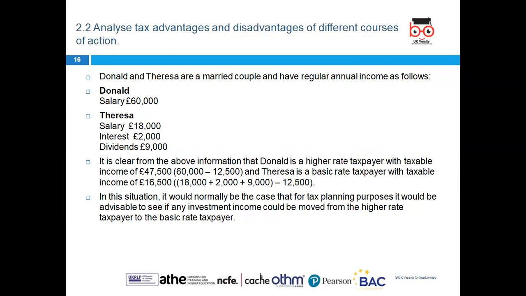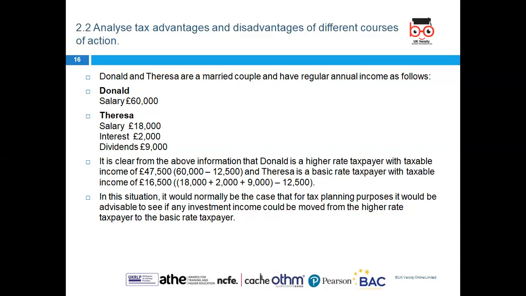So it is clear from the above information that Donald is a higher-rate taxpayer with taxable income of 47,500, which is after the 12,500. On the other side, Teresa is the basic-rate taxpayer, because her overall income falls at 16,500.